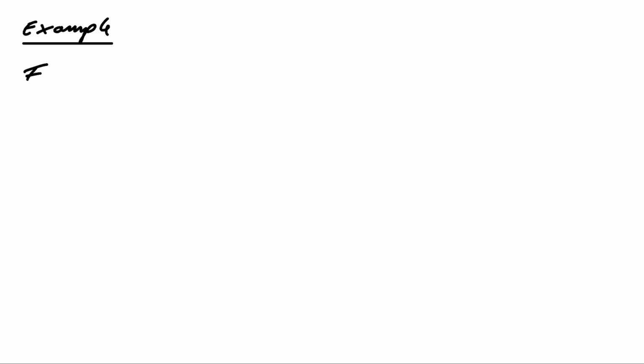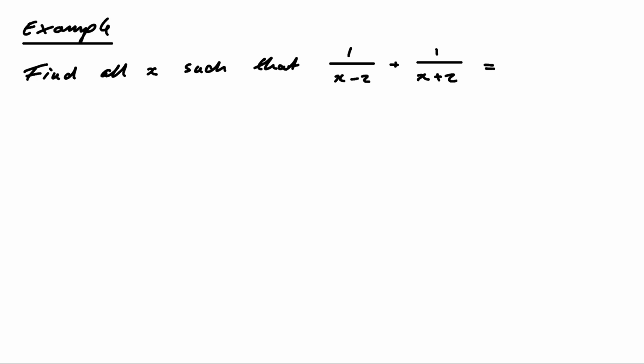Let's find all x such that 1 over x minus 2 plus 1 over x plus 2 is equal to something simple, 4 divided by x minus 2 times x plus 2.